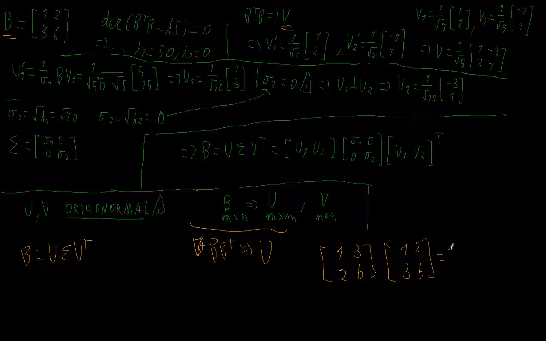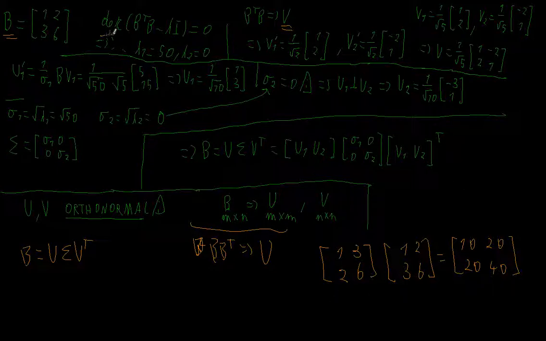If we do matrix multiplication, we get 10, 18 plus 2, so 20, 20, 36, and 40. If I'm not wrong, I hope it's correct. Yes, it seems correct.